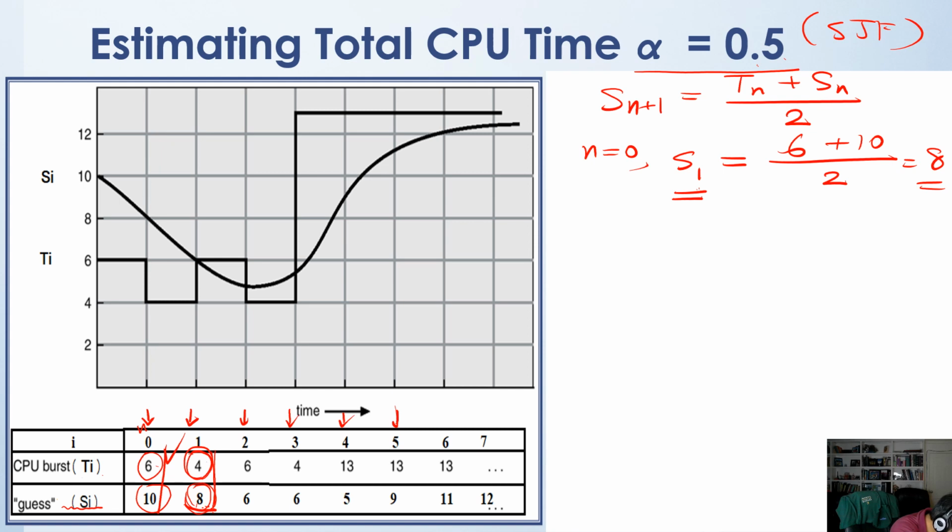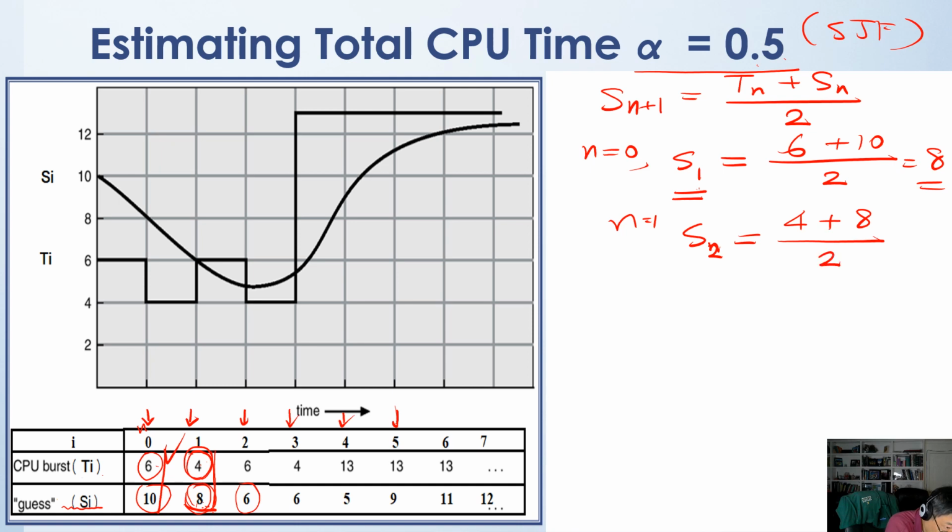We're going to use the previous predicted CPU time and the previous observed CPU time to predict the next one. So now n equals 1, and we try to predict S2. The predicted CPU time is 8, right? The observed CPU time is 4.